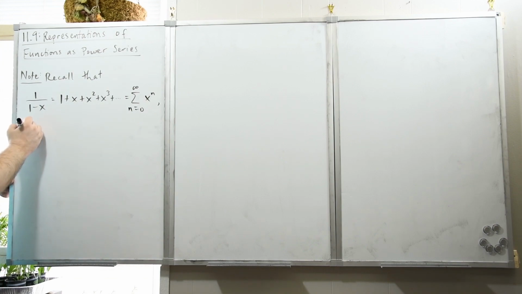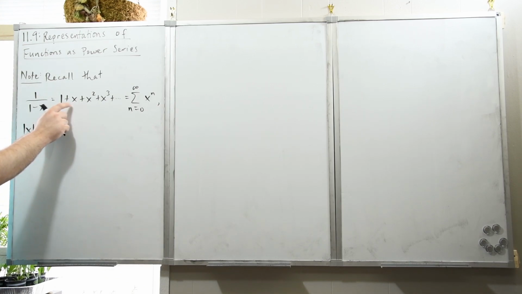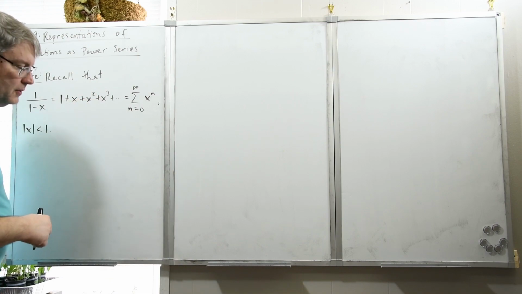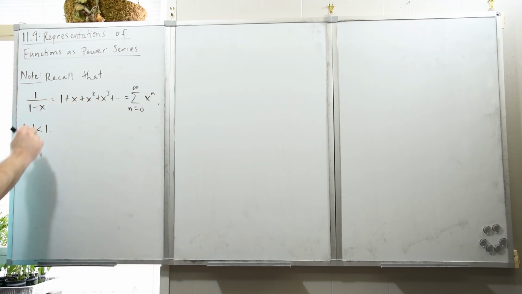We just have to be sure that the absolute value of x is less than 1 here. Because what you may notice is that when we have 1 plus x plus x squared plus x cubed and so forth, it is a geometric series. The common ratio is x. And so we know that the geometric series is going to converge whenever the absolute value of the common ratio is less than 1, which is what we're getting here.